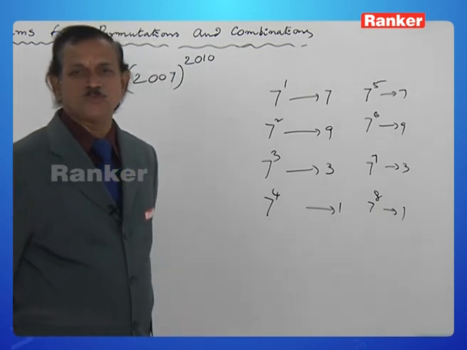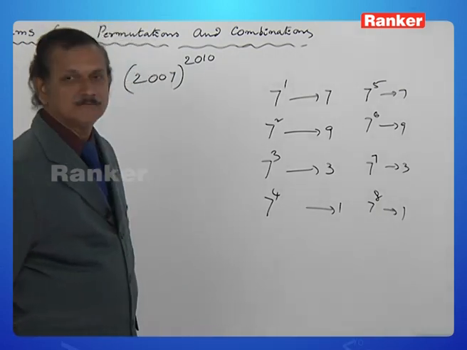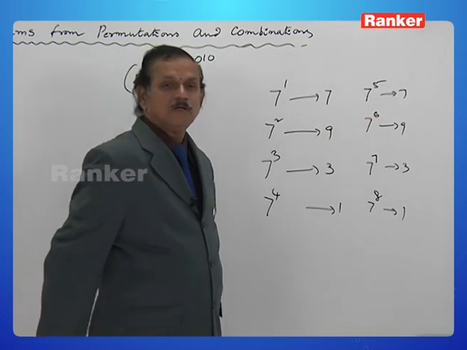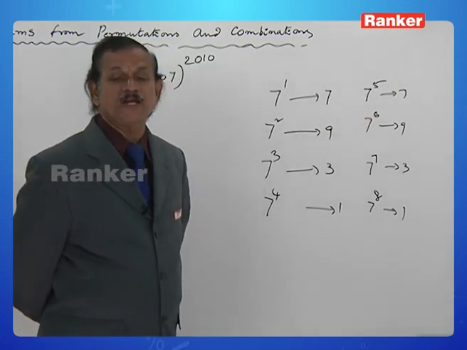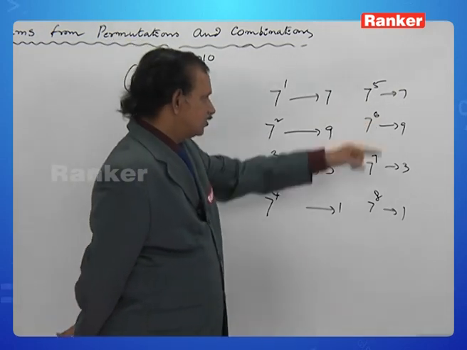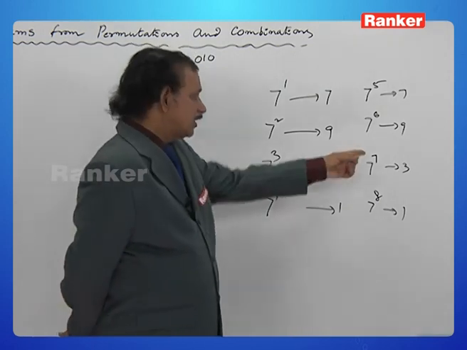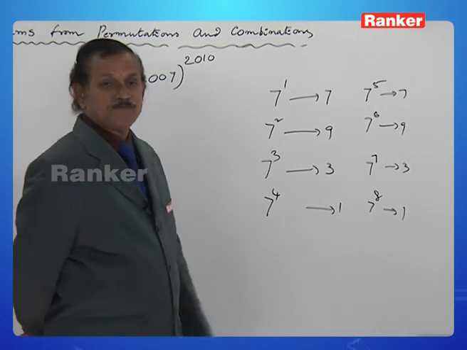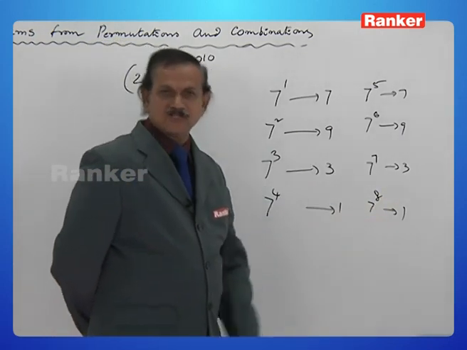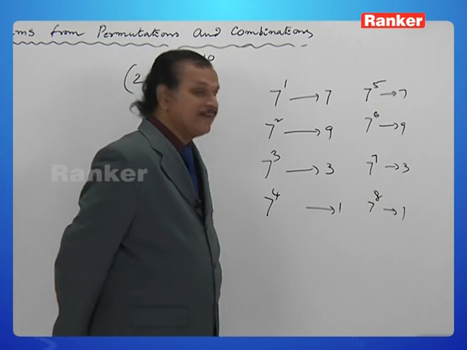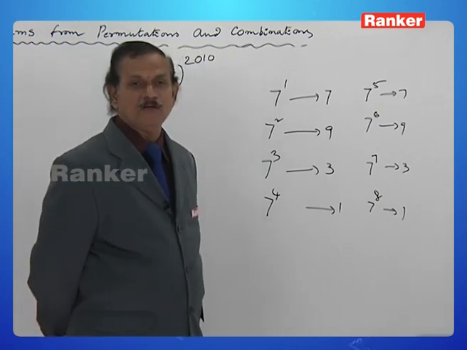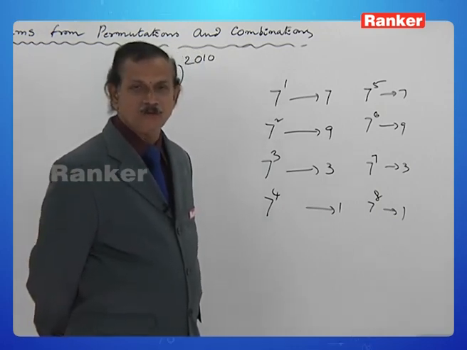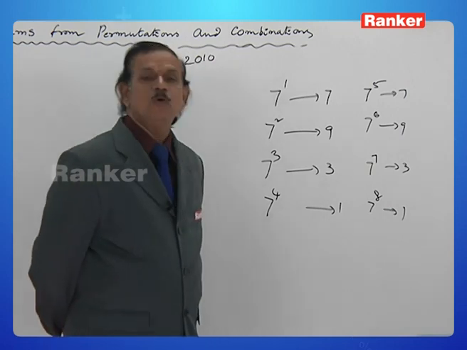If the remainder is 1, last digit is 7. Divide it with 4, remainder is 2. If the remainder is 2, last digit is 9. 7 power 7. Divide 7 with 4, the remainder is 3. If the remainder is 3, last digit is 3. Here, what is the remainder if you divide it with 4? It is 0. If it is 0, then the last digit is 1.